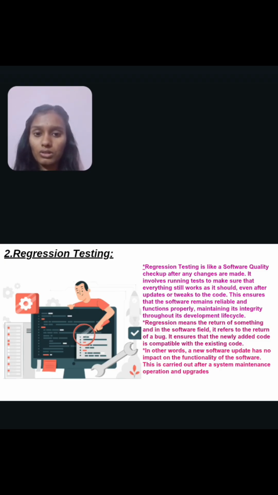This ensures that the software remains reliable and functions properly, maintaining its integrity throughout its development life cycle. Regression means the return of something, and in the software field it refers to the return of a bug. It ensures that the newly added code is compatible with the existing code.